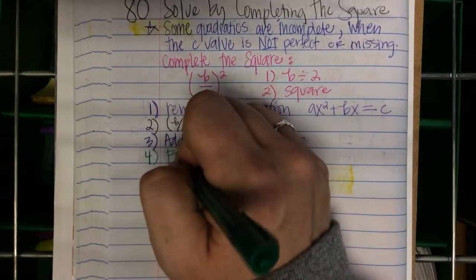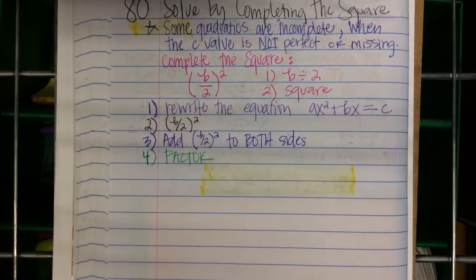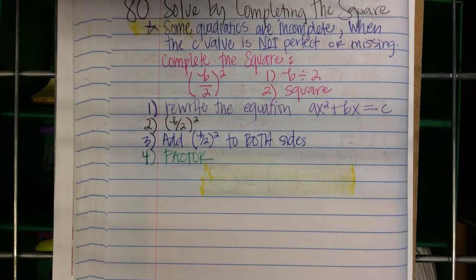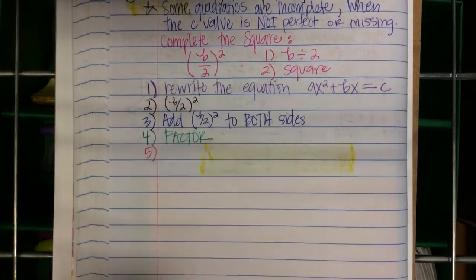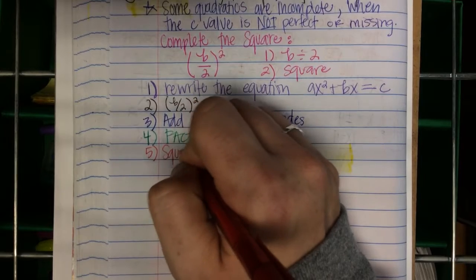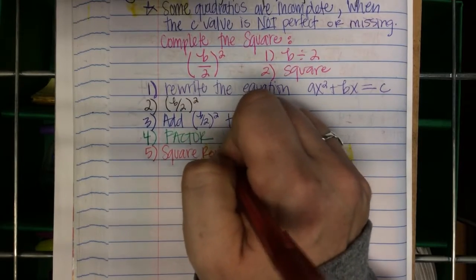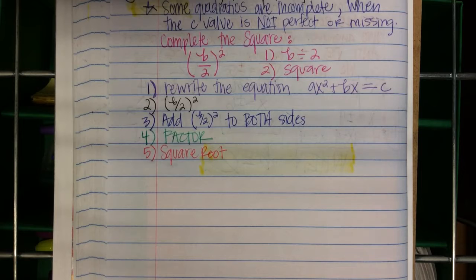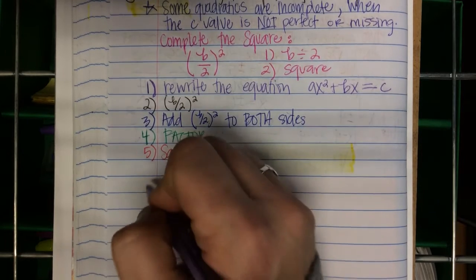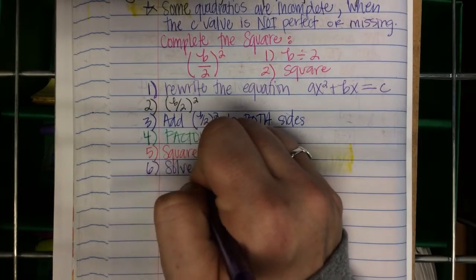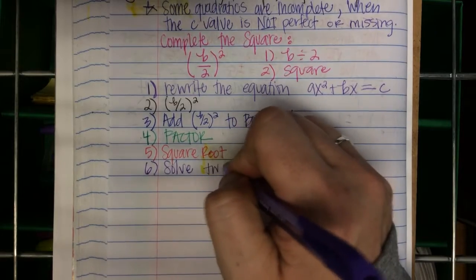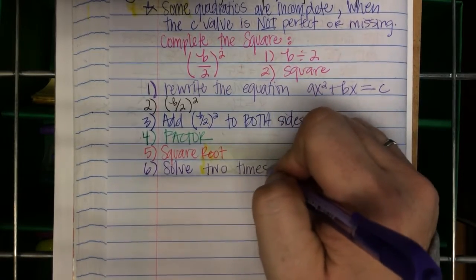Step 4 is to factor. Step 5 is to square root. And step 6 is to solve 2 times.